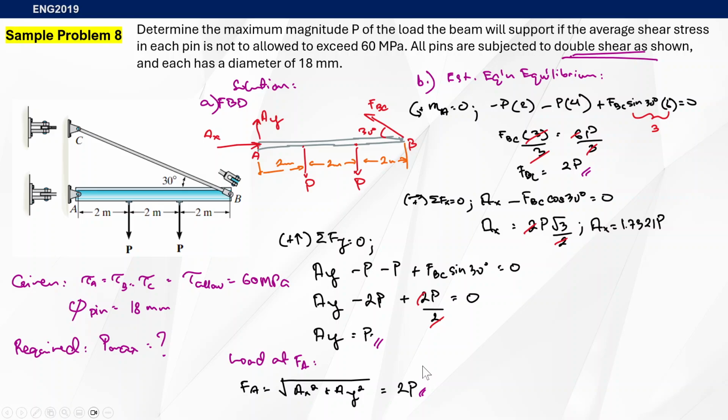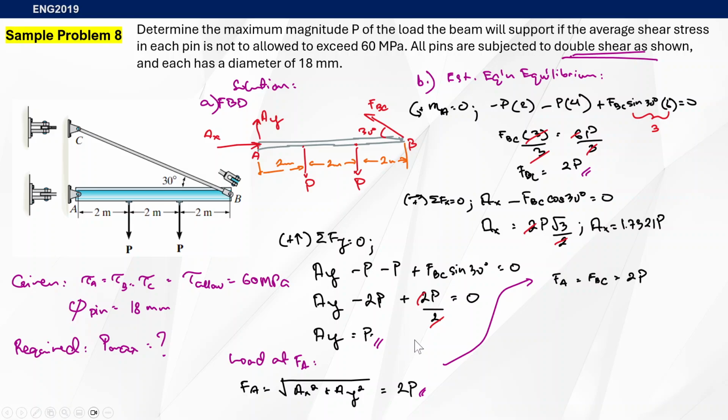You can solve it. And then finally, our FA here is now equal to FBC, which is technically equal to 2P, as stated here.